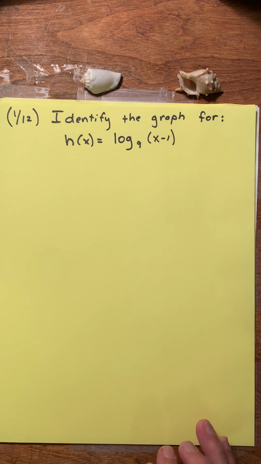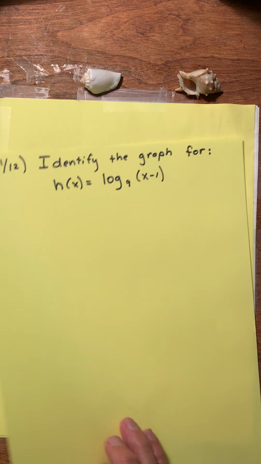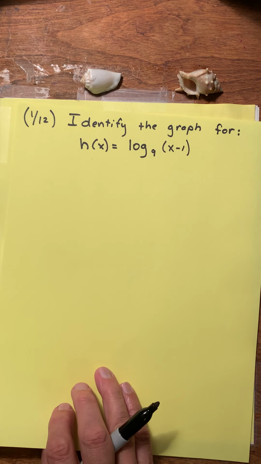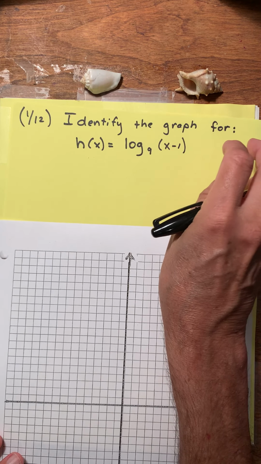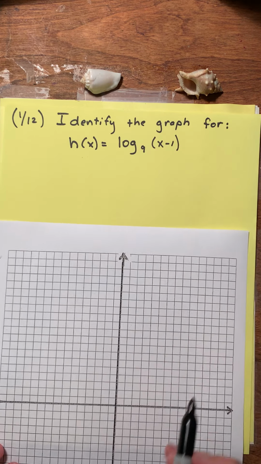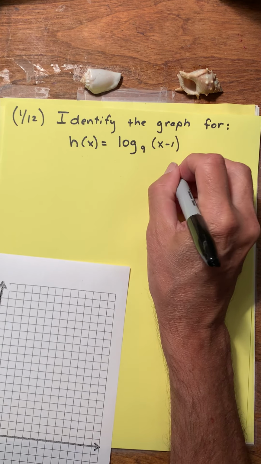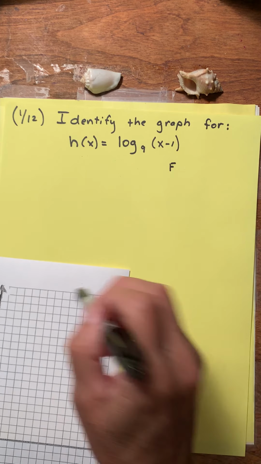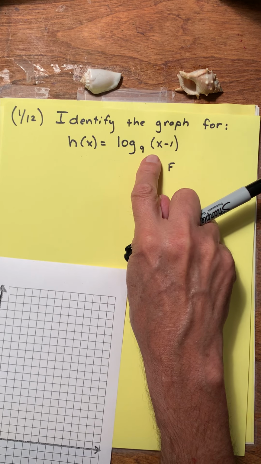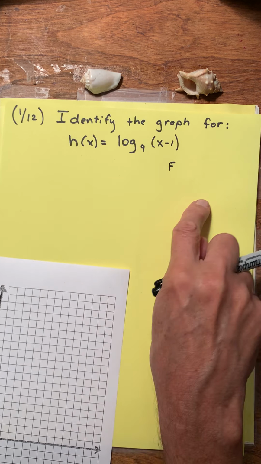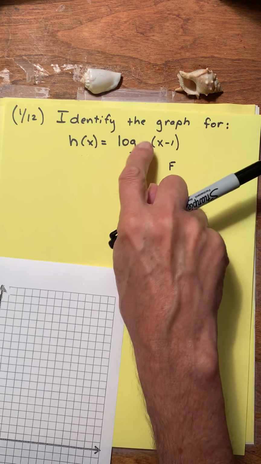All right, let's work some problems. Identify the graph for h of x equals log base 9 of x minus 1. Now, there are a couple of different ways you can do this. What I suggest is, you know how the exam will give you 4 graphs and you have to pick the one, right? If I can find 2 points on this graph, then I can find which of the 4 graphs matches.